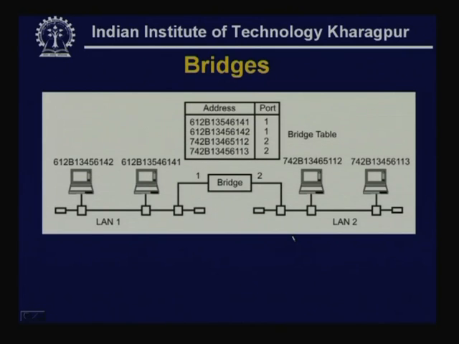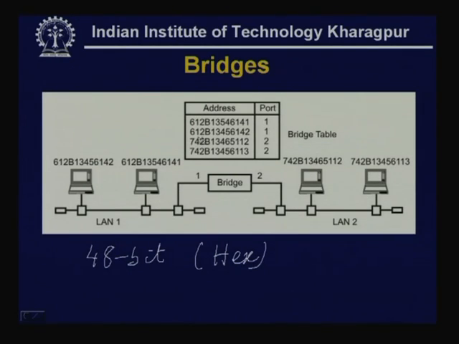So, here the operation of a bridge is shown. Here, as you can see, these are the 48-bit MAC addresses represented in hex form. In this particular case, a bridge is shown with 2 ports, but as I said, a bridge can have many ports. On port 1, a LAN 1 is connected, to which 2 stations are connected with the MAC addresses given here.